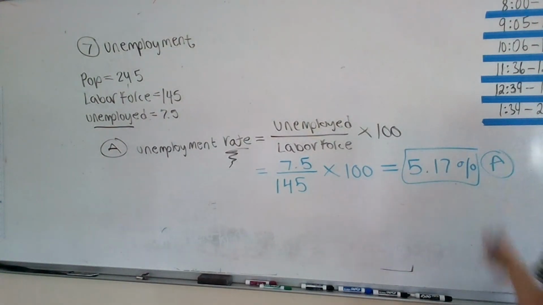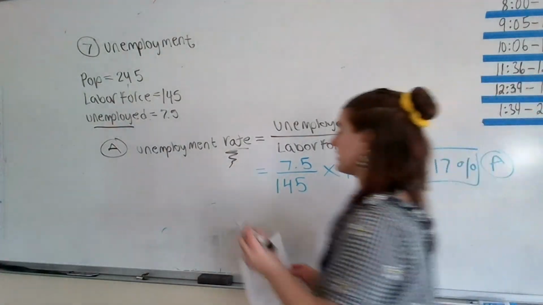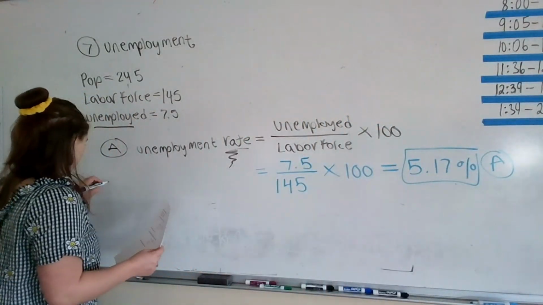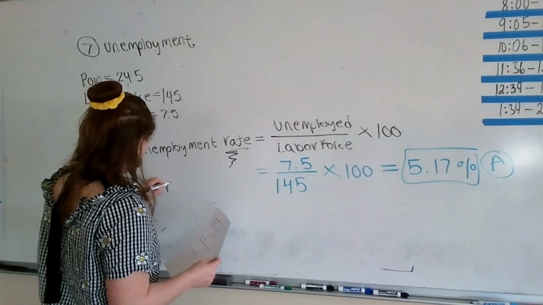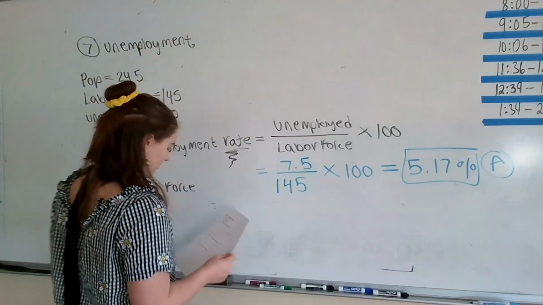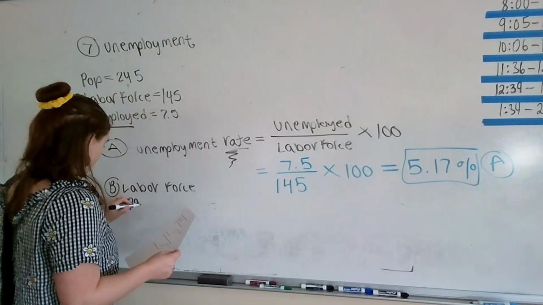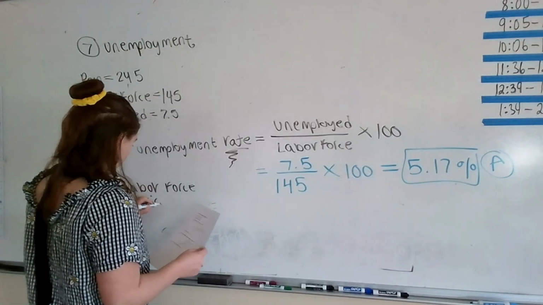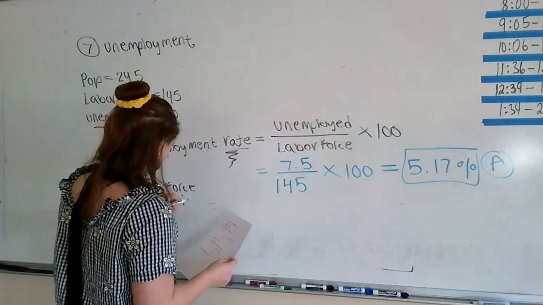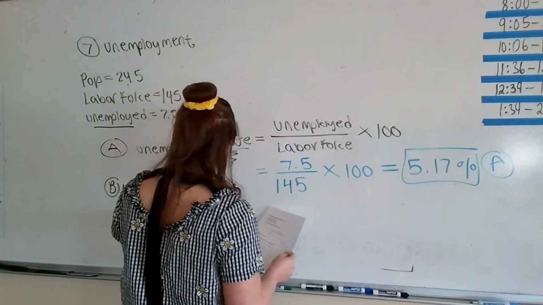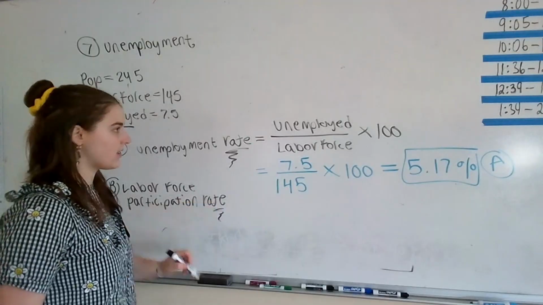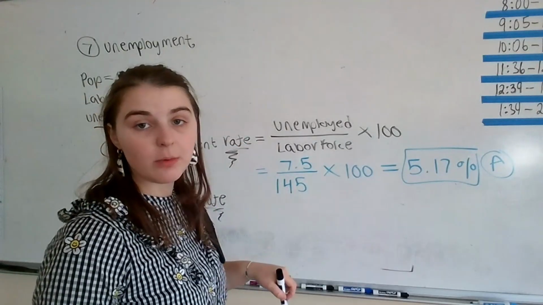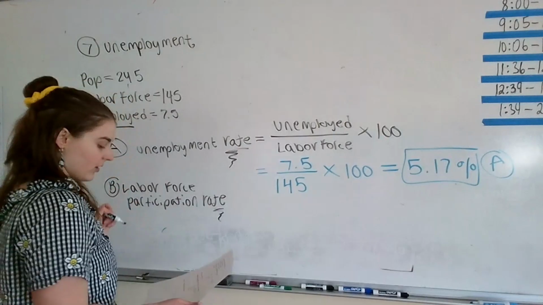That's our unemployment rate. The second part is our labor force participation. Right, our labor force participation rate, again, it's a rate, so we're going to have to multiply by 100 at some point so we can get that percent or that rate interpretation.